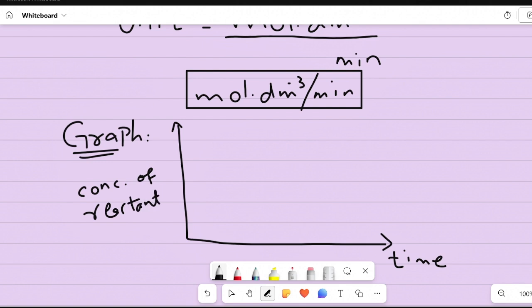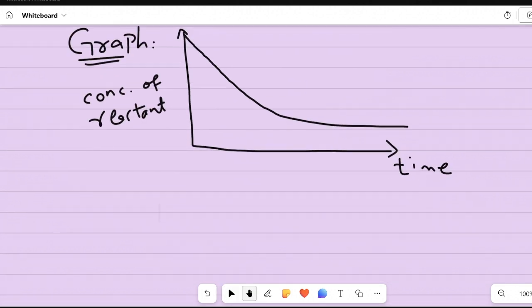The concentration of the reactant is going to decrease with the passage of time, and that kind of graph you will get, and you can easily calculate the rate of a reaction by using a tangent. Got it?